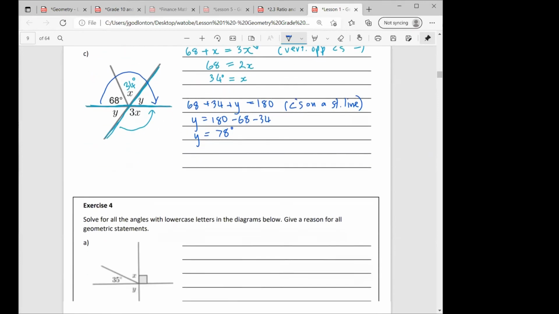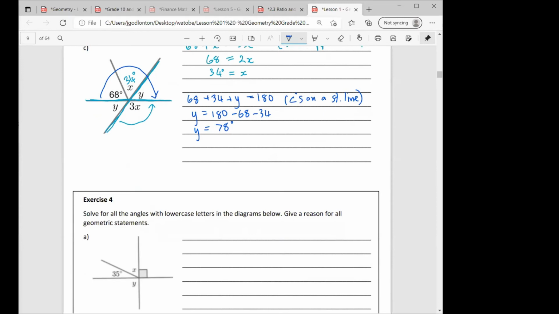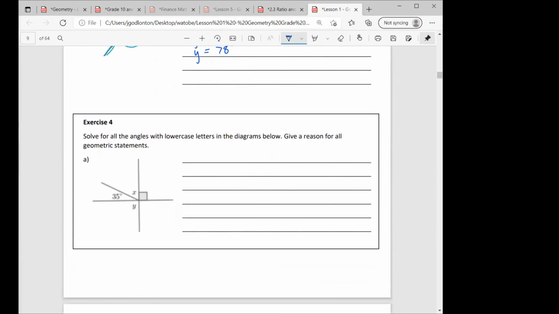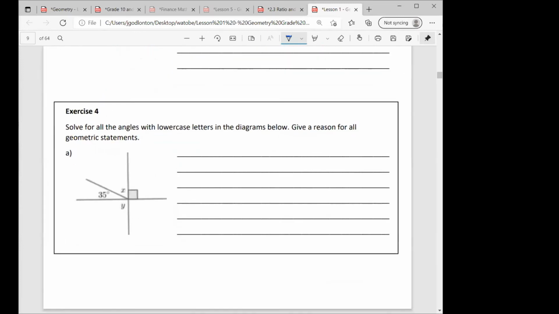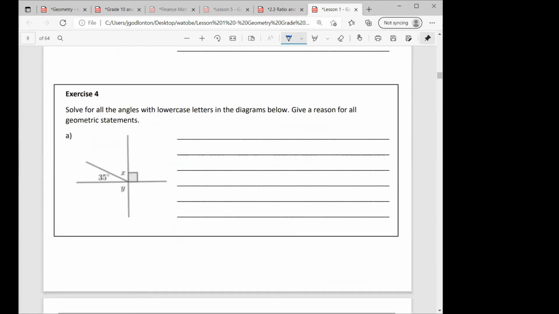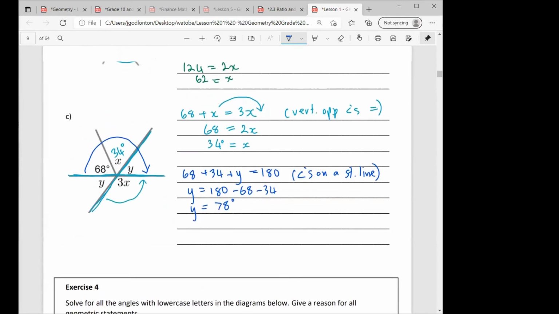Okay. Let's try our next one. Oh, look at this glorious question. I want X and I want Y. Oh, sorry. Needed some more time. Let me sit there for a little bit.